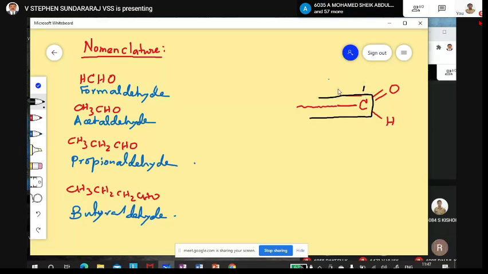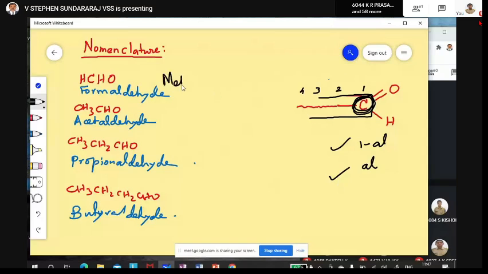That means you have to say 1, 2, 3, like that. Always and every time it will get the number 1 in the case of a mono aldehyde group. So no need to write 1-al, you can write simply al also. Both are correct. So here it is methanal, methane on 1 carbon, al.